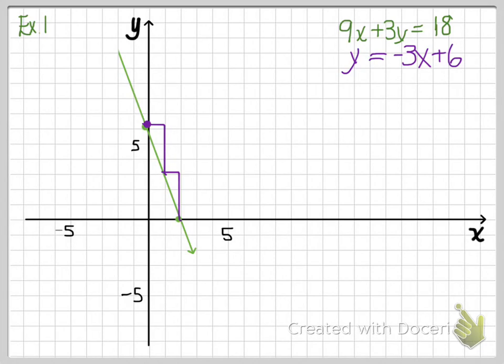So we've got our slope of -3, and it's giving me all the points that are on the line.